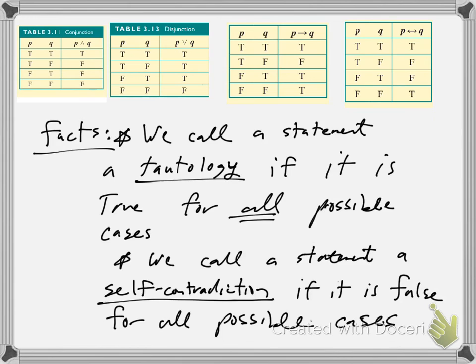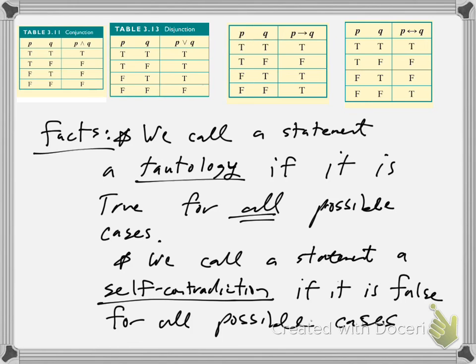Two facts I want to point out, two terms I guess we'll call them. When we do our truth tables, we call a statement a tautology if it is true for all possible cases. The last problem we did got a true all the way down, which means it is a tautology.